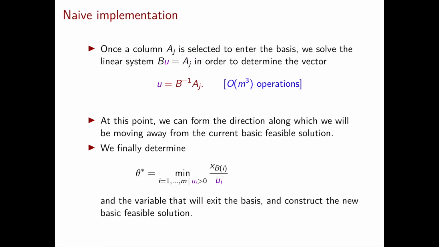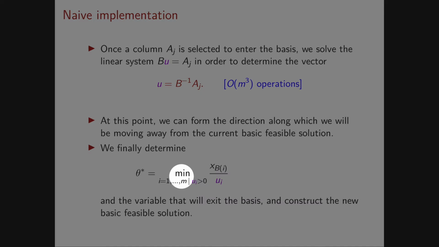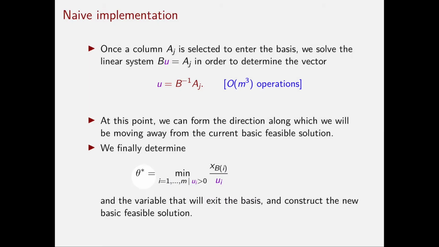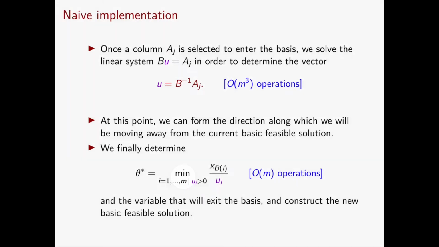And then with essentially m more comparisons, we can find the one that is the smallest. And so we can compute theta star. So in total, theta star can be computed with big O of m operations. The index that gives us the minimum also tells us which is the variable that will exit the basis.